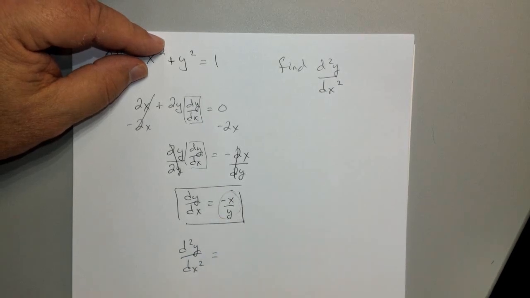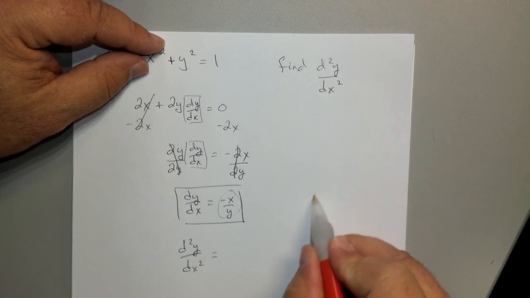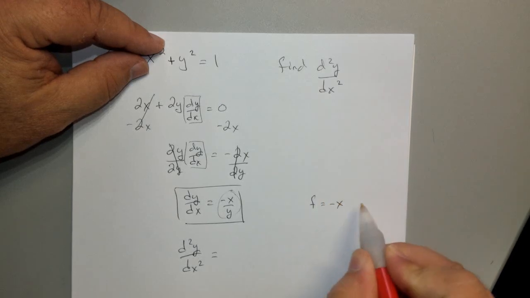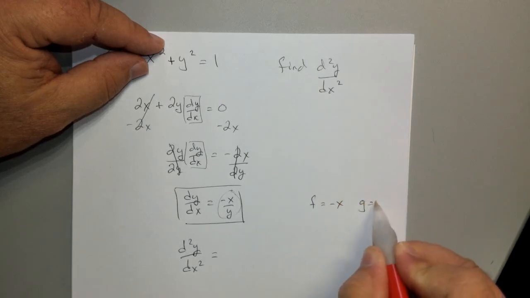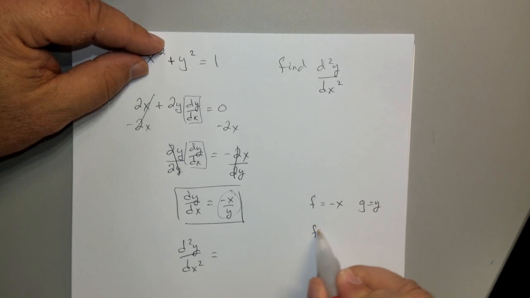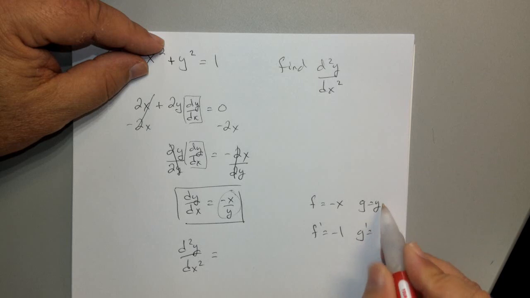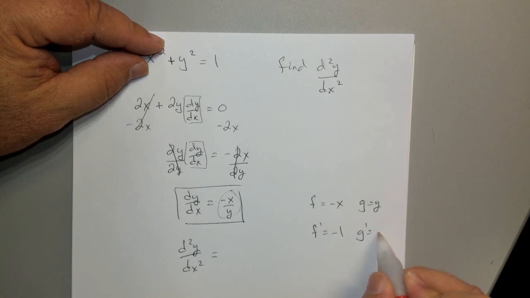But we have to do the quotient rule. Negative x over y, negative 1. Derivative of y is dy dx. Very good.